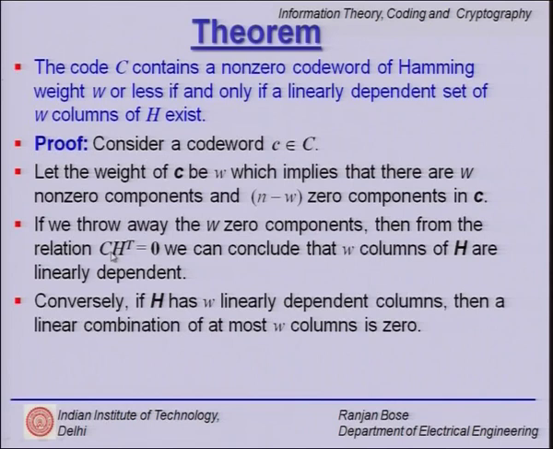This product C H transpose 0 picks up the columns of H, and the linear combination of these columns is equal to 0. Therefore, it obviously means that a non-zero code word of Hamming weight W or less exists if and only if a linearly dependent set of W columns of H exists.